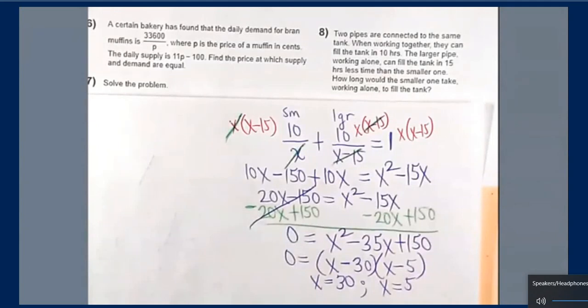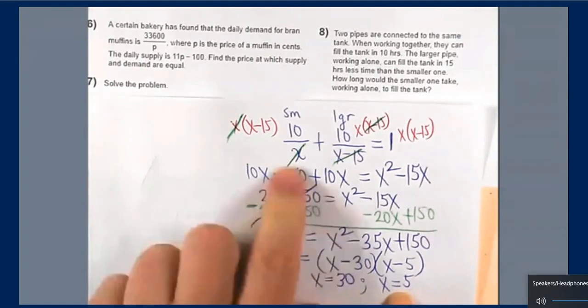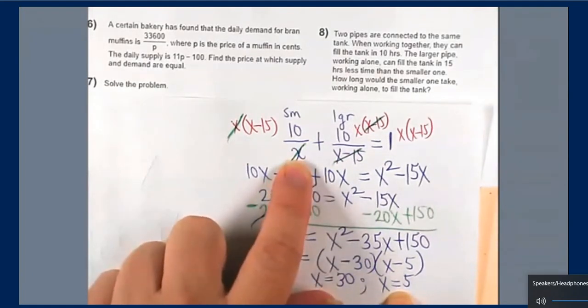Now, in your homework, before you move on to the next question and think we got the correct answers, you have to test each answer to see if it makes sense. So if we plug in 5 into the first denominator, well, that's okay because that will give you a positive time, 5 hours.